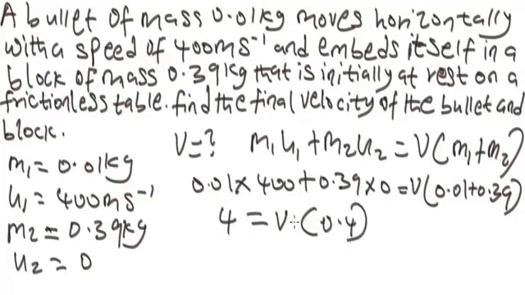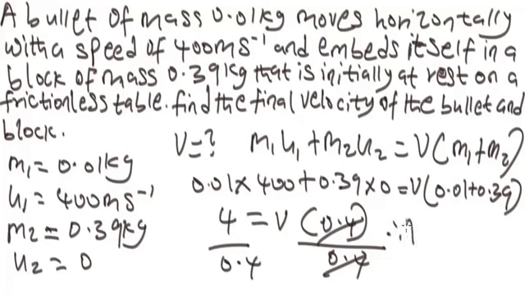To make v the subject of the formula, divide both sides by 0.4. This will cancel this. Therefore, our v will be 4 divided by 0.4, which gives us 10. So the final velocity will be 10 meters per second.